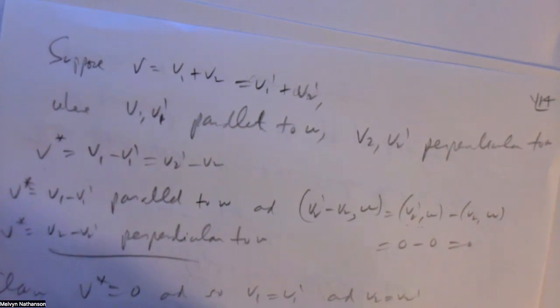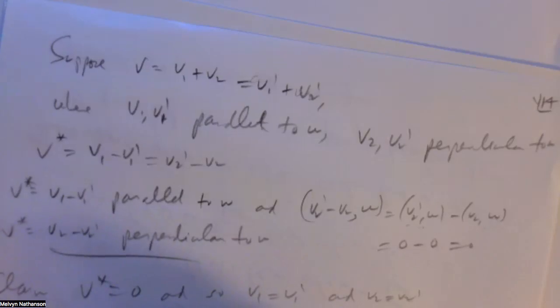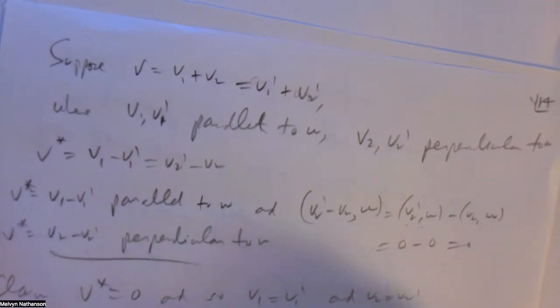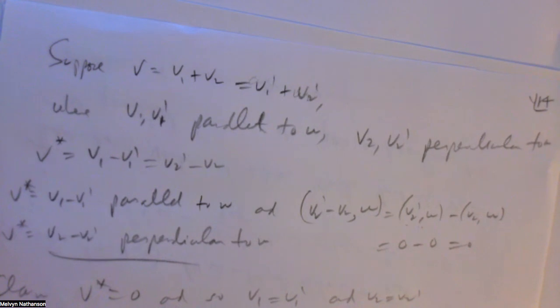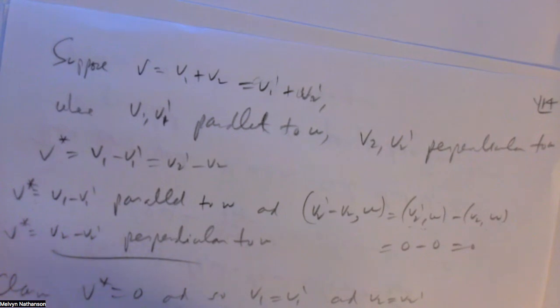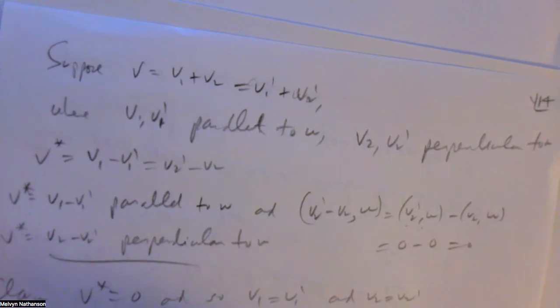parallel to w implies v star is some scalar multiple of w. There's some scalar c. V star perpendicular to w means v star and w, the inner product, is 0. But v star is c times w.